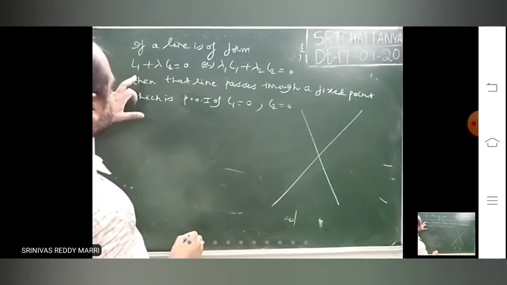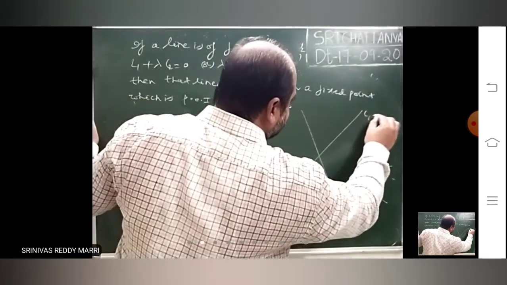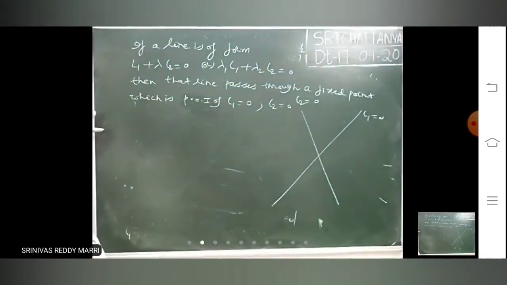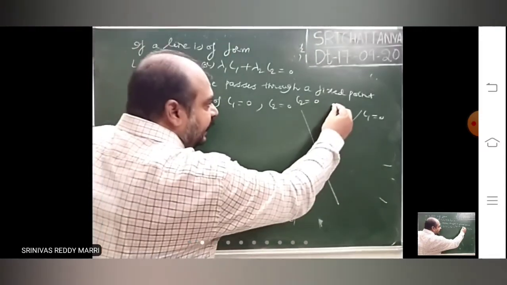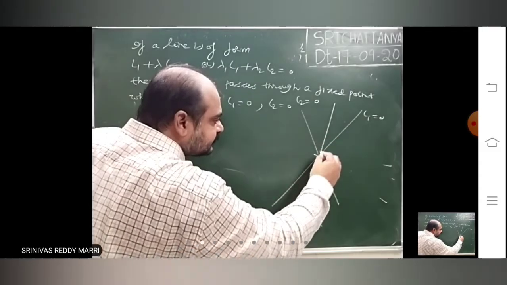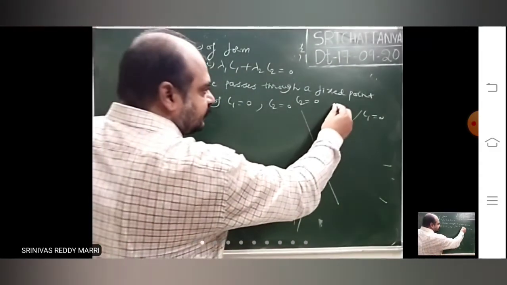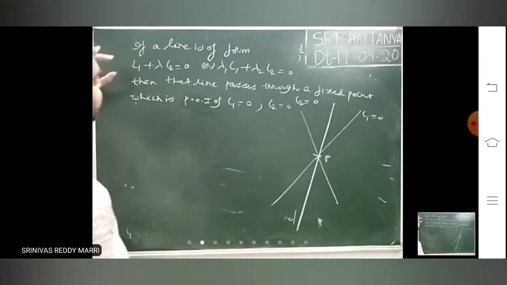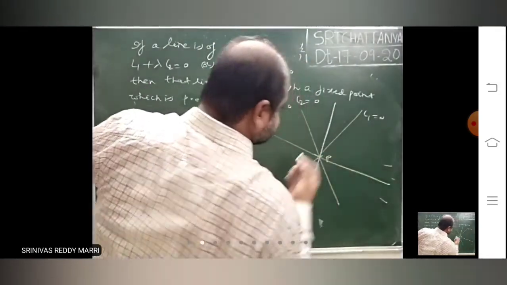If a line is of the form L1 plus lambda L2 equal to 0, there are two lines, L1 equal to 0 and L2 equal to 0. Let us say they intersect at P. A line passing through the point of intersection. So if a line is in this form, there are a number of lines like this.